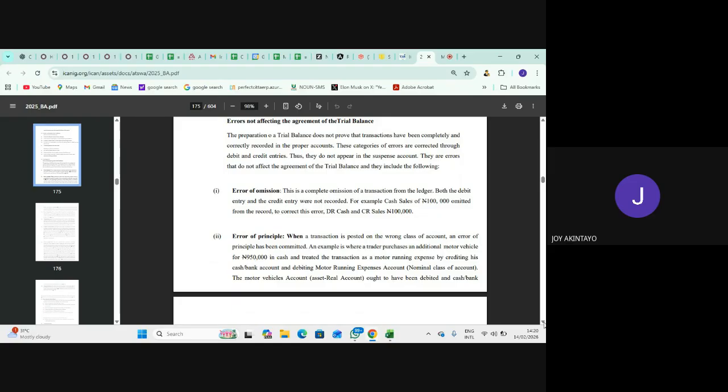Then we said impersonal accounts can also be divided into two: the nominal account and the real account. And we'll define what a personal account is.